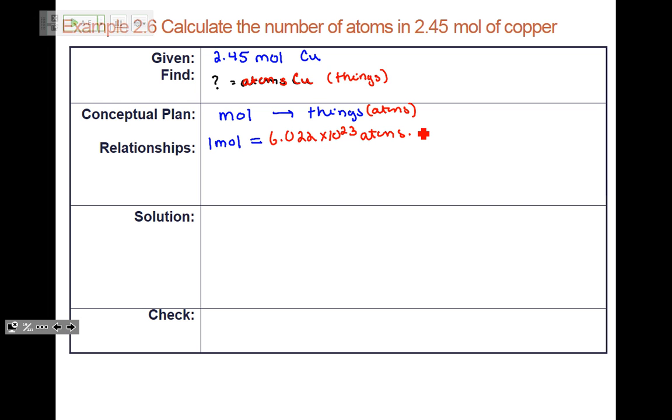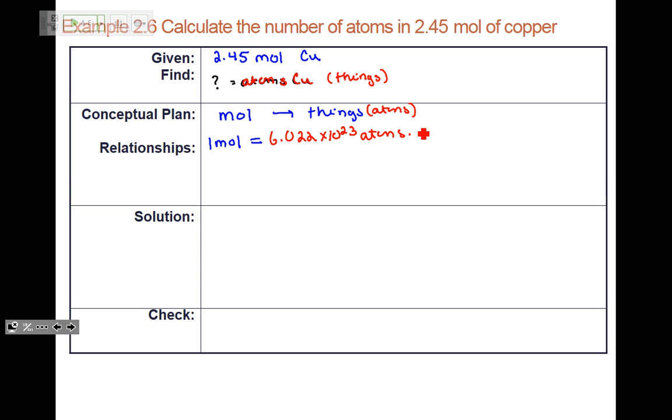So 6.022 times 10 to the 23rd. Please practice with whatever calculator you're using for quizzes and exams, because I can't go around and necessarily help you with your calculator if you're having a hard time with scientific notation. So make sure that when you're practicing your homework, you're using the calculator that you're going to use on the exams or quizzes. I can help with some of them, but every calculator is different. I haven't played around with every calculator in the world. And we're going to be doing a lot with scientific notation because I'm clearly not going to write out all these zeros. It would take a while and you'd probably make a mistake.